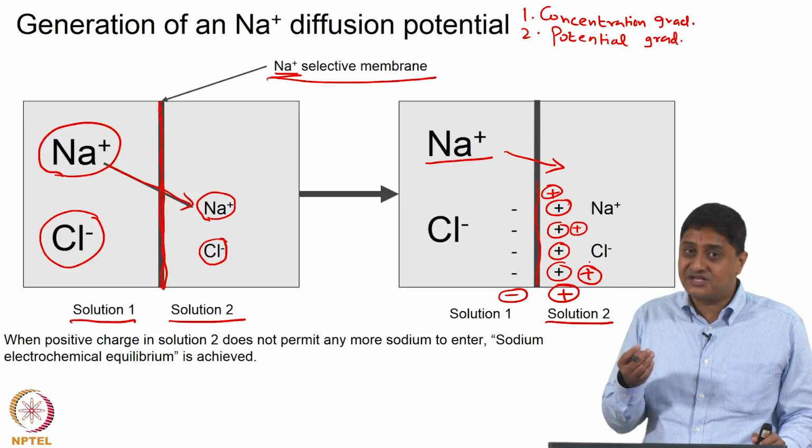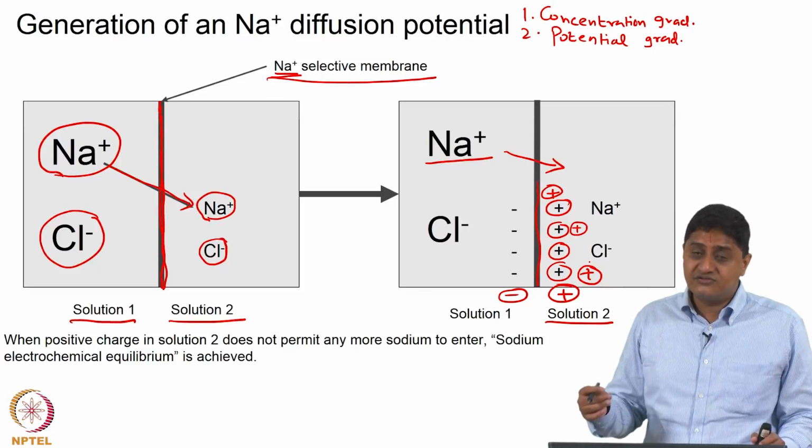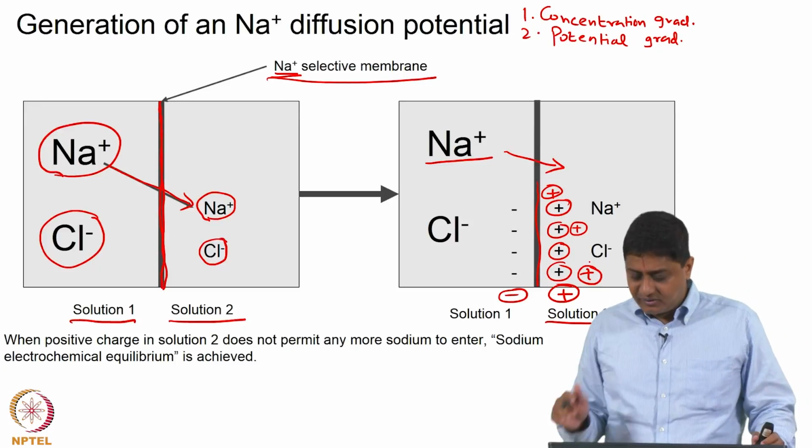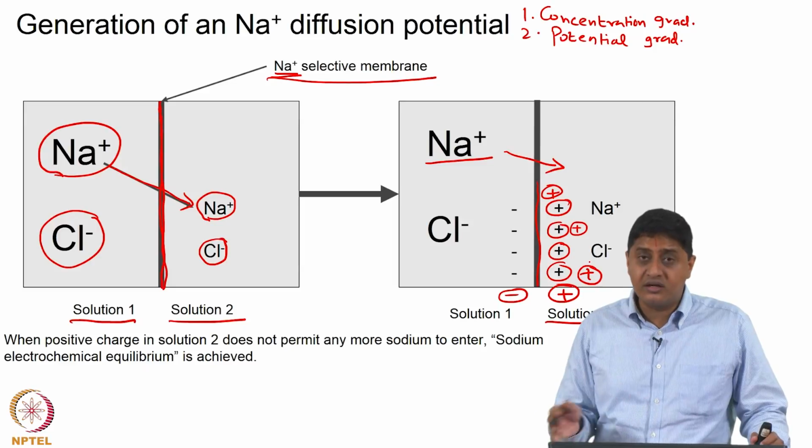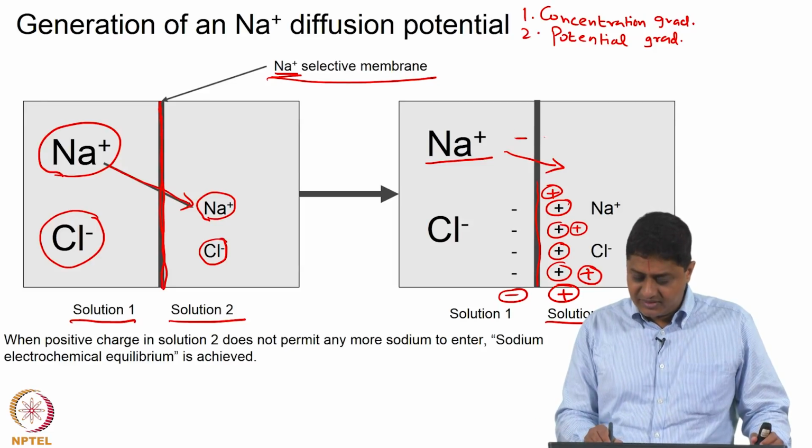Initially there is less resistance, as you go along the resistance is very high, and at some point the sodium ion can no longer go from this side to that side.